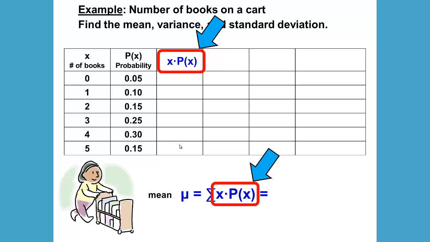By the magic of PowerPoint we now have the numbers, and we simply get that by multiplying the first 2 columns together, the x times the p of x, as our formula tells us to. 0 times 0.05 gives us 0. 1 times 0.10 gives us 0.10. 2 times 0.15 gives us 0.30, and the rest of the numbers down below.